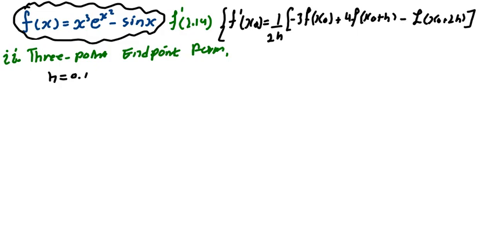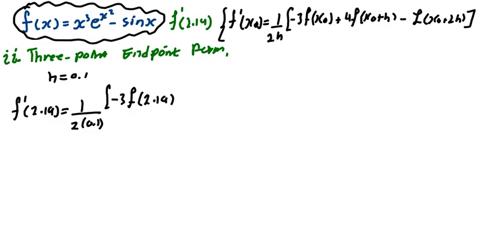Okay, so it simply means here f prime of 2.19, which is our x naught, is equal to 1 over 2 multiplied by 0.1 here. Then in the brackets it will be minus 3 f of our x naught. Our x naught is just 2.19.